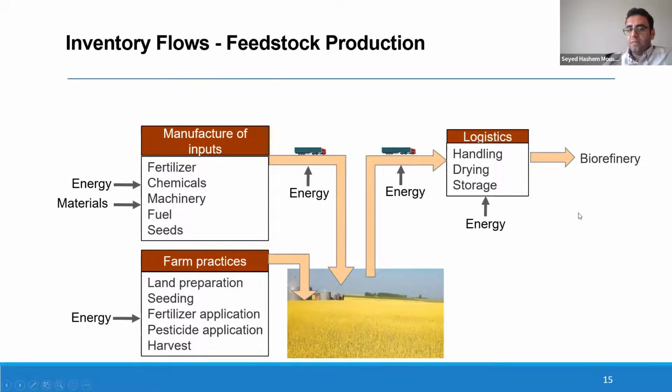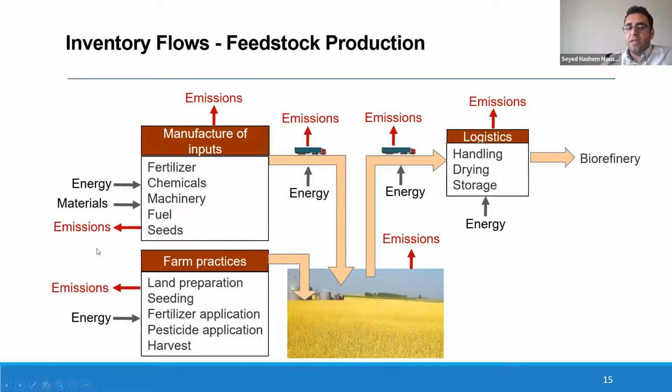For all these steps, we need to quantify the energy use, material use, and the emissions. Here on the farm, when we use fertilizer, usually there are direct emissions in the form of carbon dioxide, nitrous oxide, and methane. Those need to be quantified, and usually we use the IPCC guidelines for those estimations.